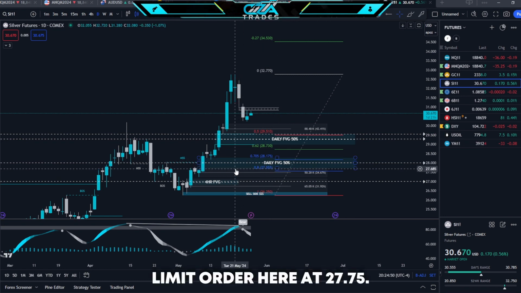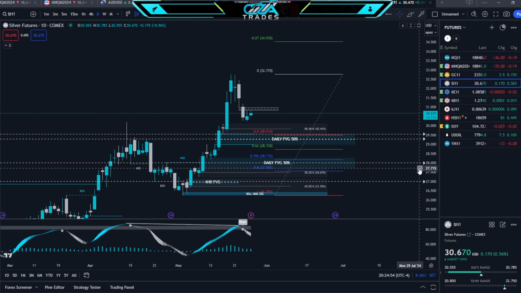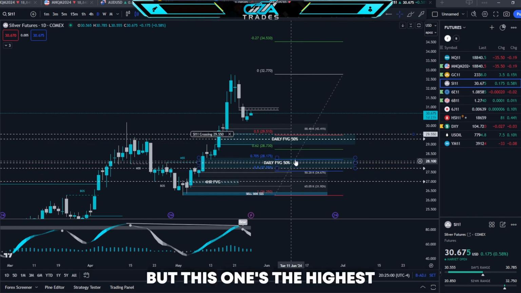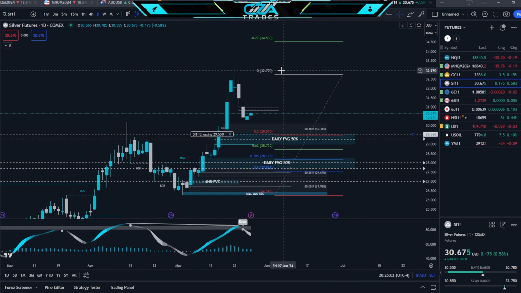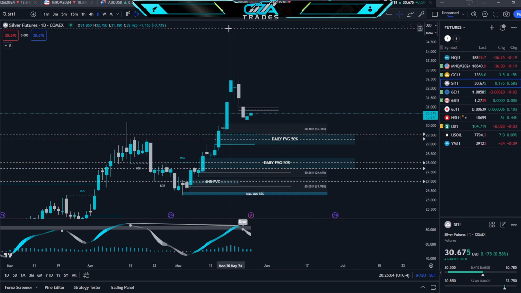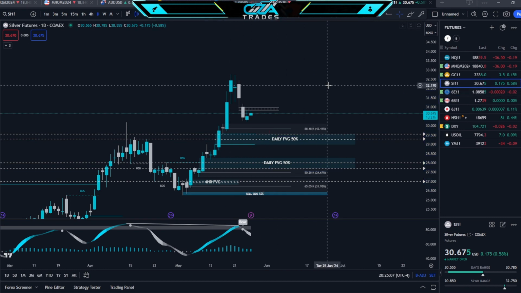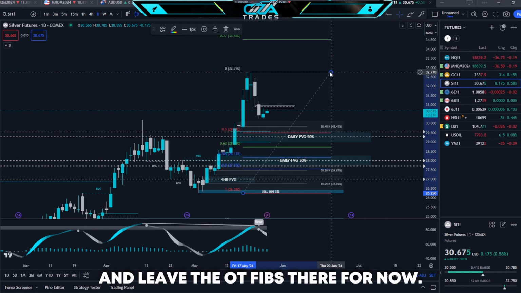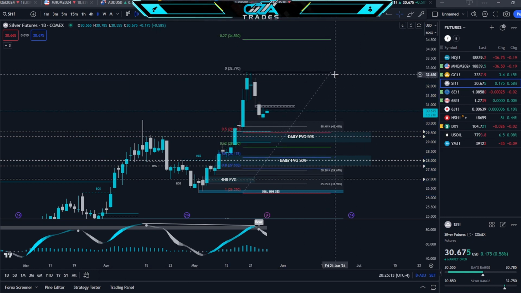I'll definitely set a limit order here at 27.75. This one might be for the continuation, but this one's the highest quality play right here. Gonna leave the OTE fibs there for now.